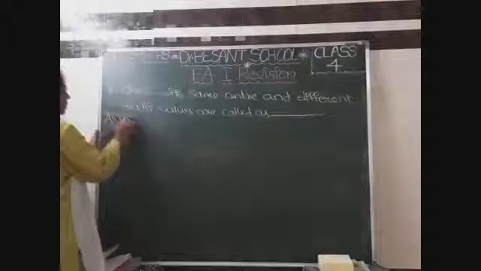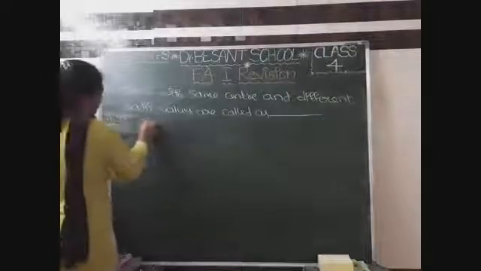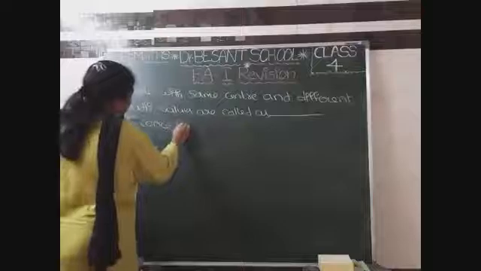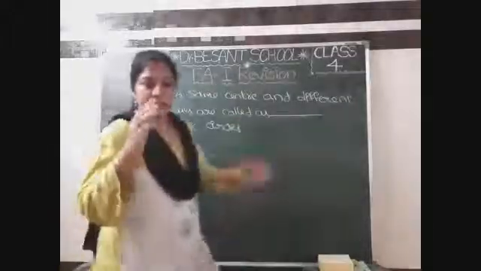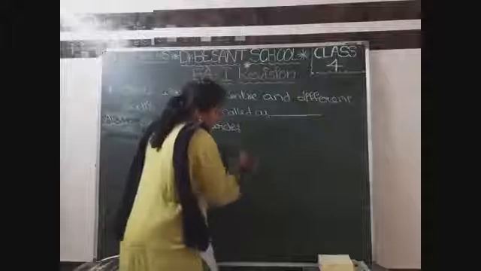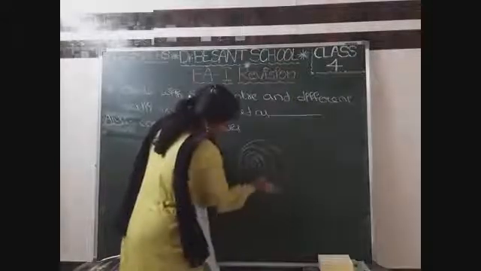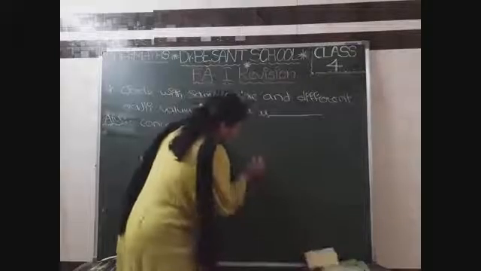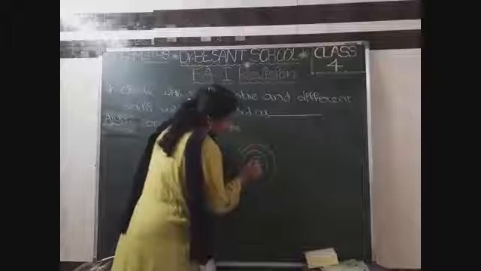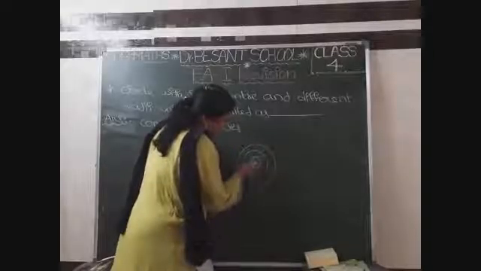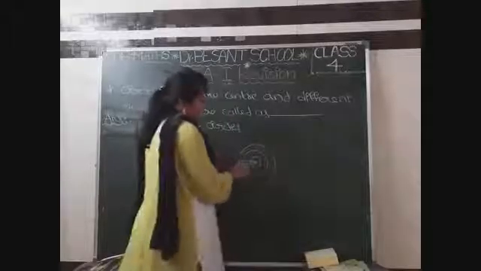So many times I explained that concept. Concentric circles is the correct answer. Sorry, the circles are not good. I'm drawing again. 1, 2, 3. Same center, different radii values. These are the concentric circles.